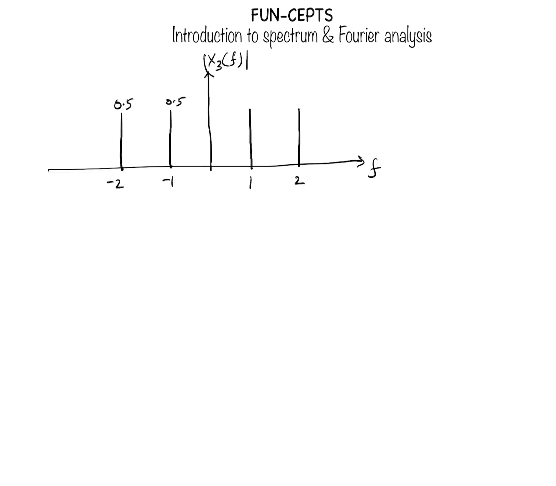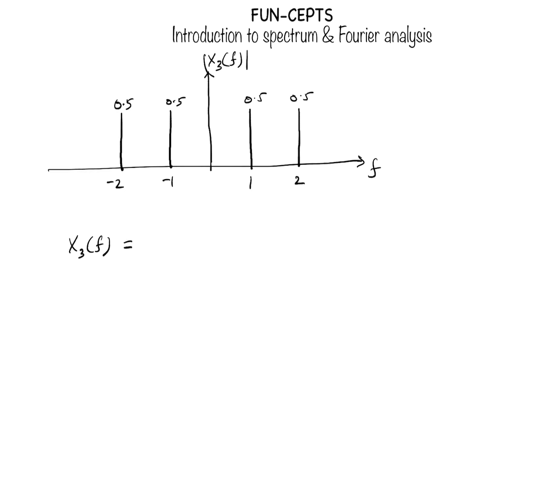I'm just redrawing the spectral diagram which we had on the previous pages earlier. And if we had to write the expression for this magnitude spectrum, x3 of f is equal to, so it has a frequency component at 1 Hz and minus 1 Hz with a magnitude of 0.5.